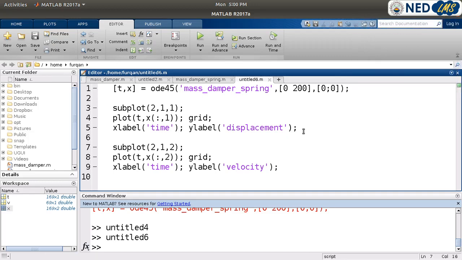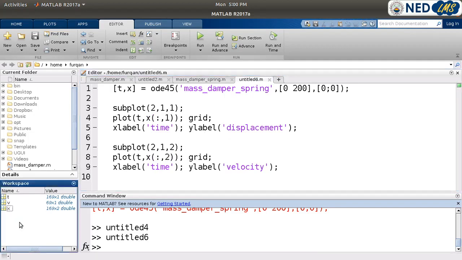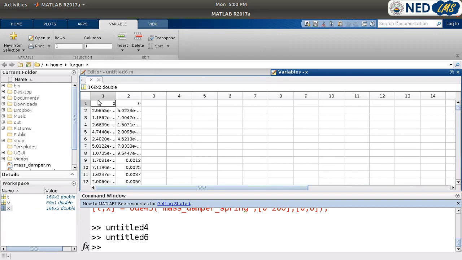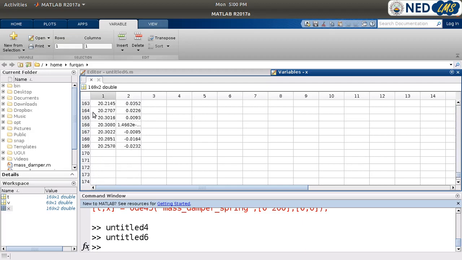Now let's describe why I have written like this to access values of x1 and x2. For this, just look at the x variable in the workspace. I'm double clicking it. You will get this window. Here you can see the x variable is a matrix having two columns and multiple rows.